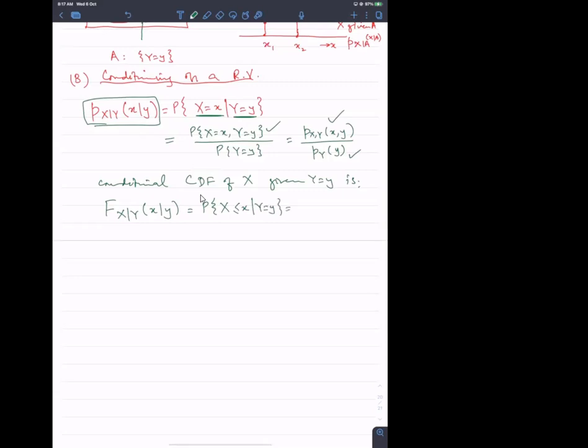And of course, this can also be written down by using the conditional probability formula, which is probability X takes a value less than or equal to x, Y takes a value y, divided by probability Y takes the value y.